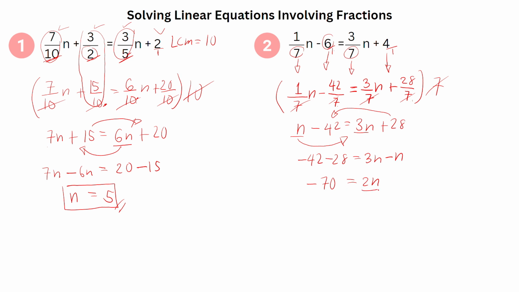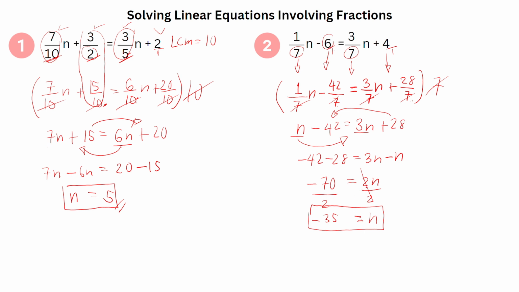What do we do next? Divide both sides by 2, so cancel, n equals negative 35. This is already acceptable, but you can also write n equals negative 35. Those two are just the same. So I hope this one is clear.